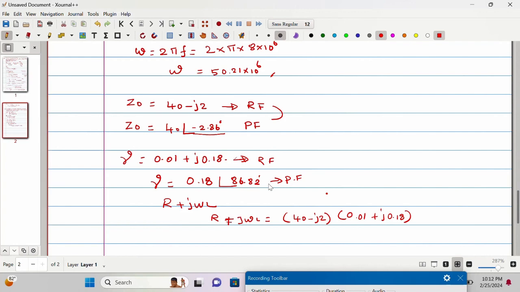So we have to multiply with the simplification concept, direct multiplication: real term to real term, imaginary term to imaginary term.